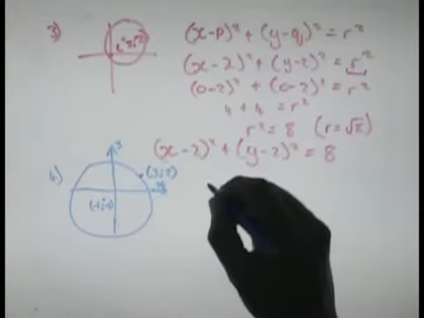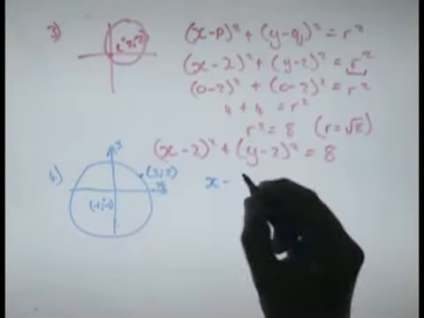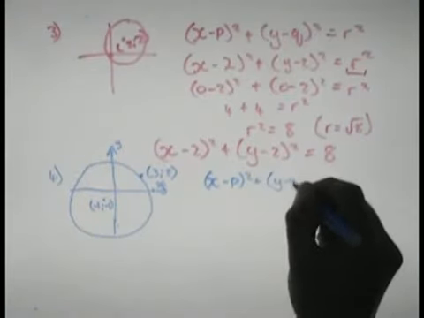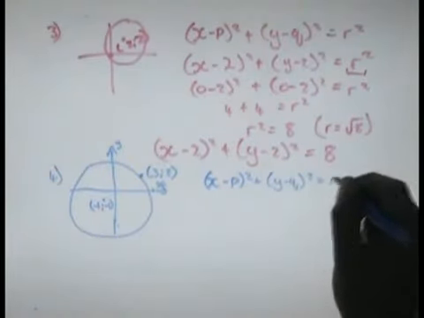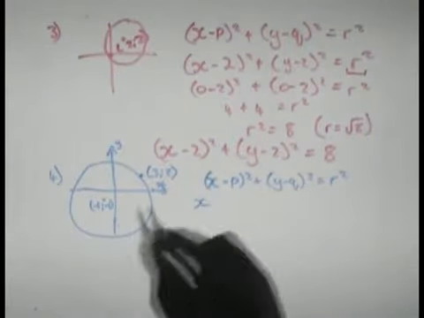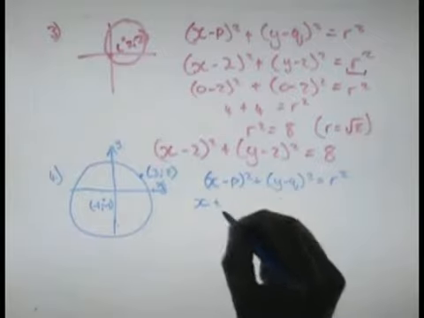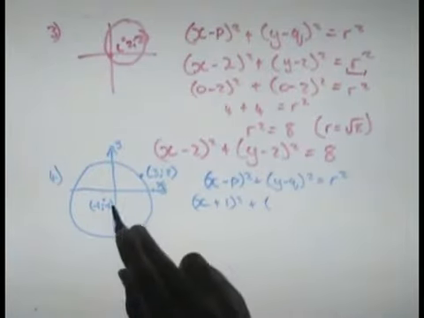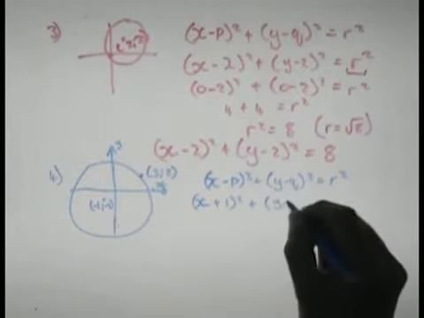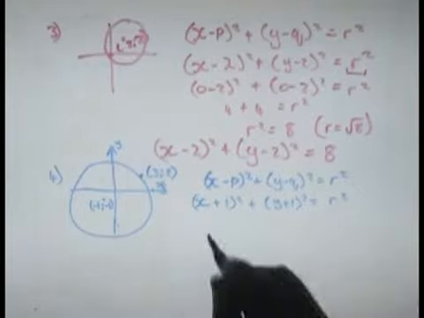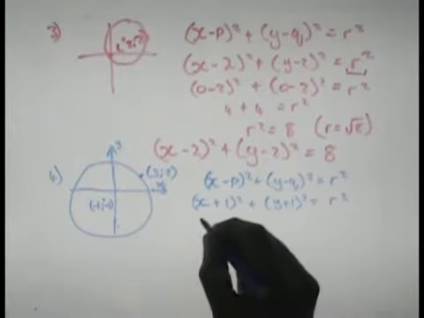Again, we're going to have to start by saying the formula x minus p squared plus y minus q squared is equal to r squared. That means that in this case x minus minus 1 will be x plus 1 squared plus y minus minus 1, which is y plus 1 squared, is equal to r squared. To get r, we substitute that point in.